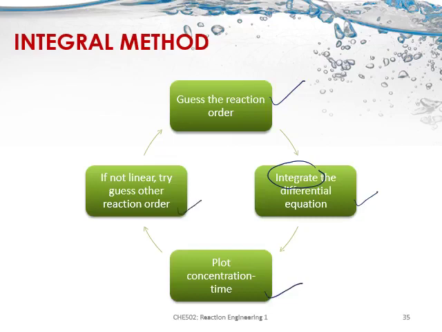If not linear, or you have a very low R square, linear regression coefficient, R square very low, for example 0.3, 0.7 is still considered low. Okay, the best is to have 0.95 and above. All right, if it is not satisfactory, repeat it again. Guess another reaction order.